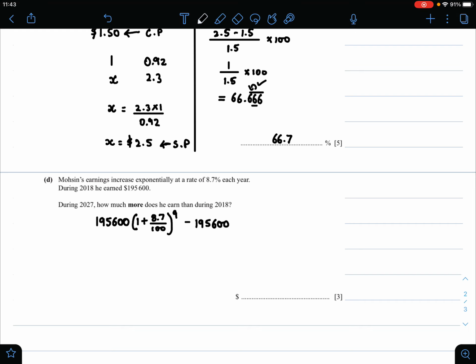So now all you need to do is input this calculation into your calculator. So 1 plus 8.7% is equal to 1.087. The whole thing raised to 9 multiplied by 195,600 is equal to 414,414.3136 minus 195,600.